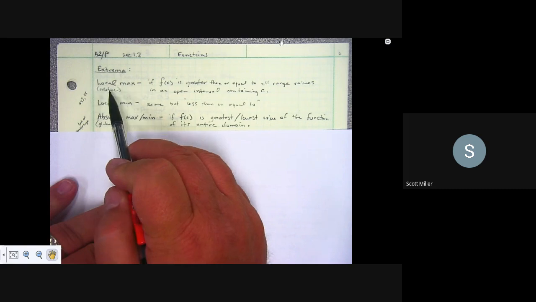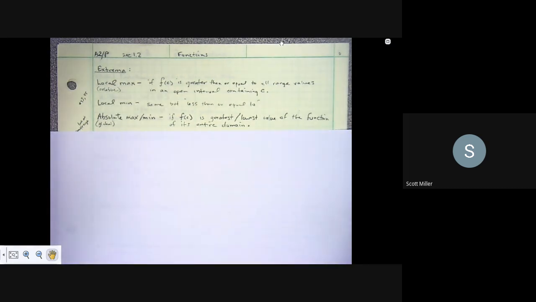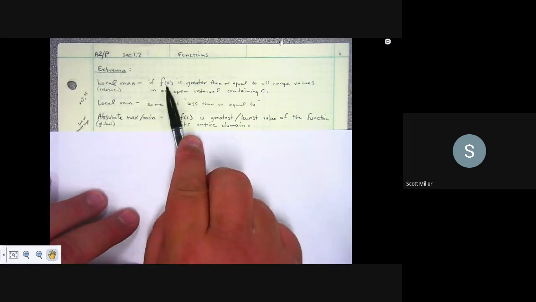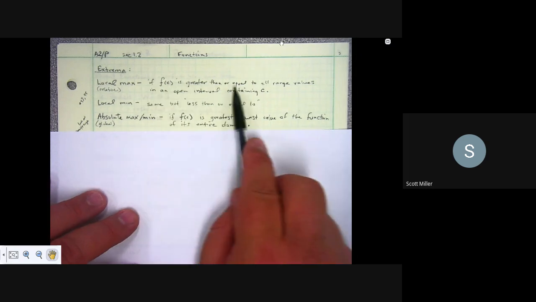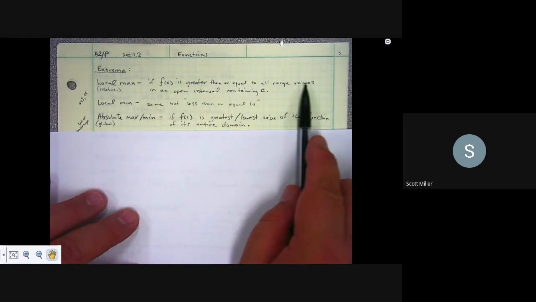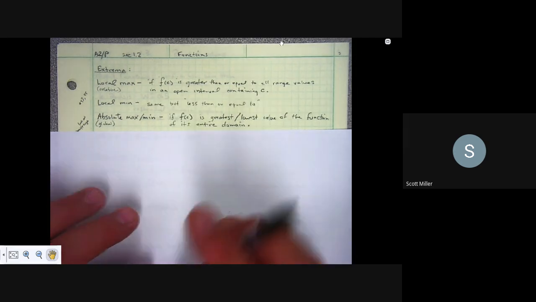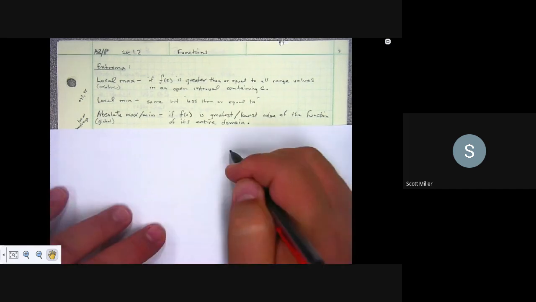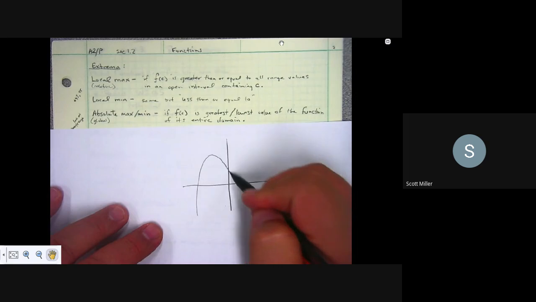So local or relative max basically says this. There's a y value, because that's a y value, that will be greater than or equal to all the other y values, range values, in an interval around some point c. But what does that mathese really say? Let's use an example. Let's say I draw this graph that looks something like this.